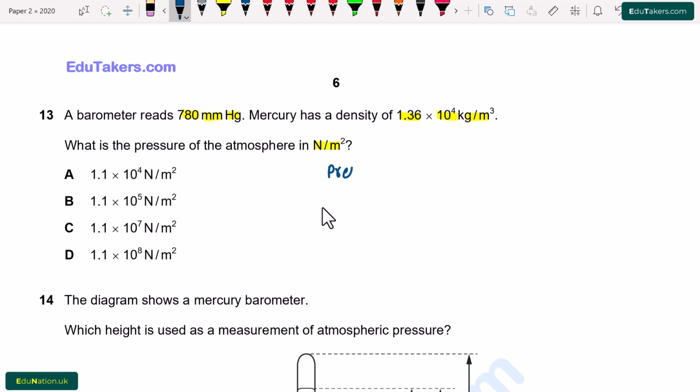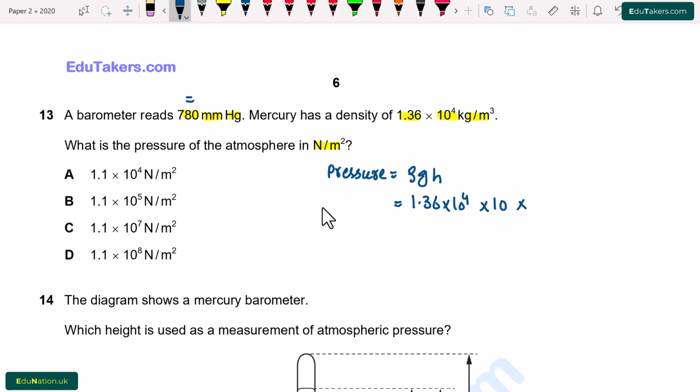Pressure will be equal to rho g h, where rho is density, g is gravitational acceleration and h is height. So I write here 1.36 multiplied by 10 to the power 4. The value of g is 10 meter per second squared and the height is given as 780 millimeter.